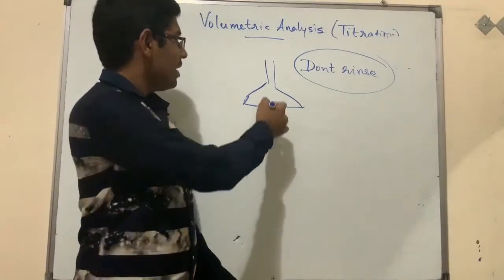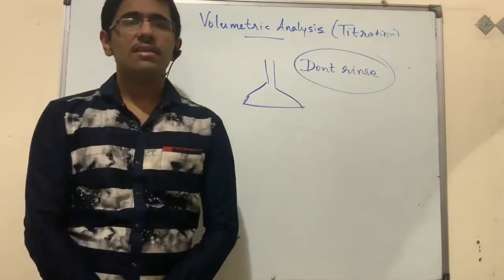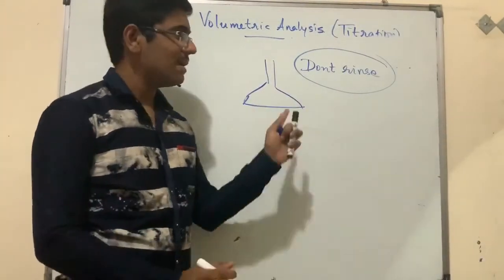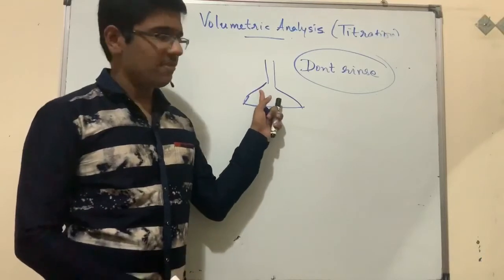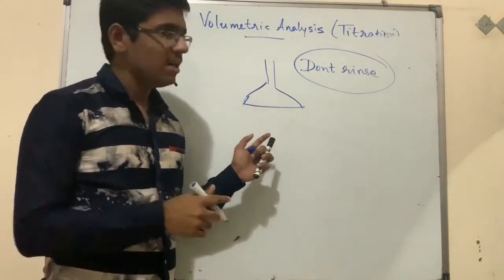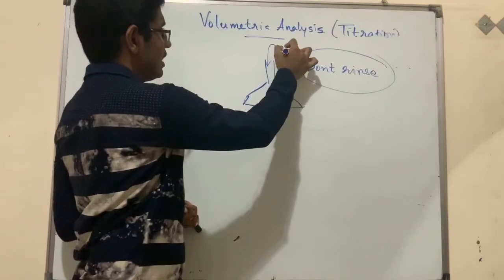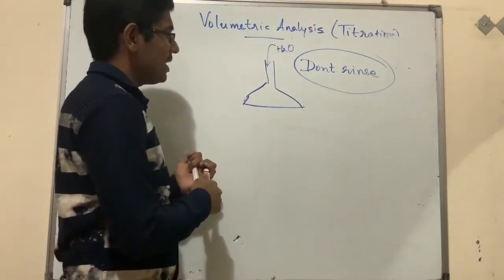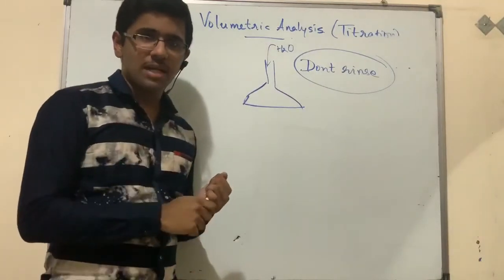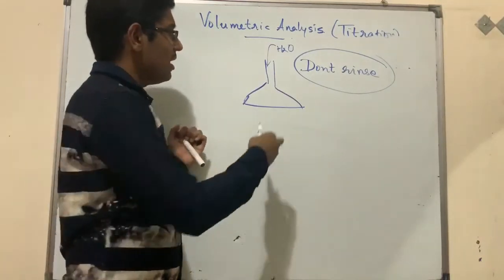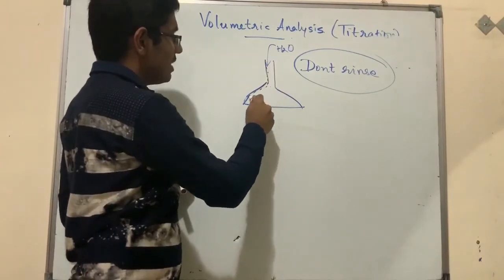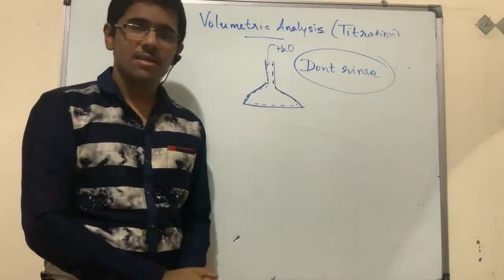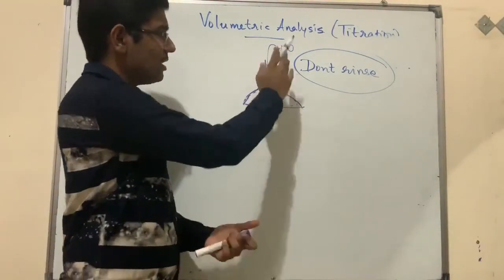Because in this conical flask you are doing the titration process. In simple sense, your redox reaction happens in this titration flask. If you are rinsing this, actually you are adding H2O. Even though you remove the water by draining it out, water molecules will still be present on the inner surface of the titration flask.